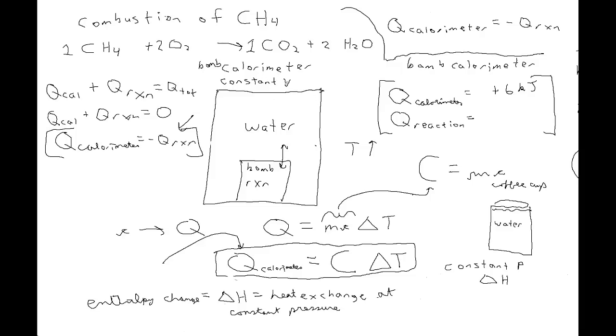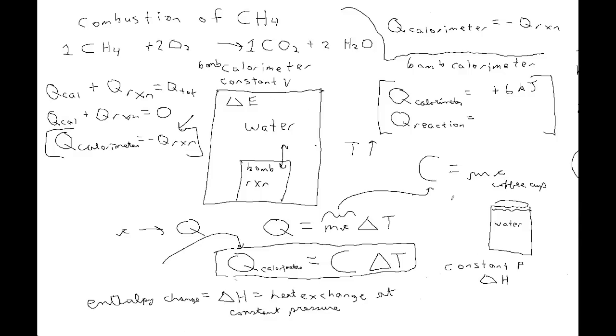So the symbol that you would usually use for what you're finding directly from a bomb calorimeter is just delta E, which I guess is the same thing as Q for our purposes. So the Q that we're figuring out would really tell you the delta E, the energy exchange for the reaction, but not necessarily the energy change at constant pressure. That's usually not gone into in too much detail in an introductory course, so I guess we don't have to talk about that much more.